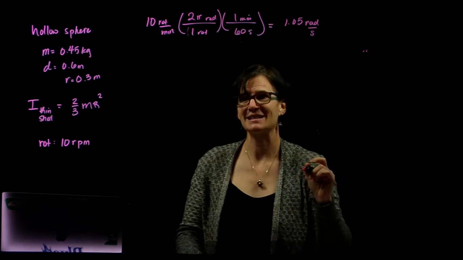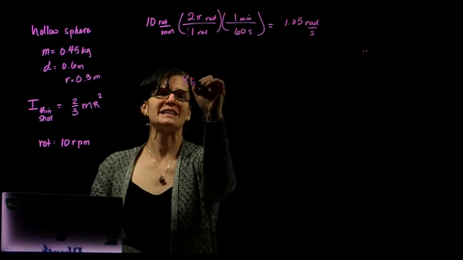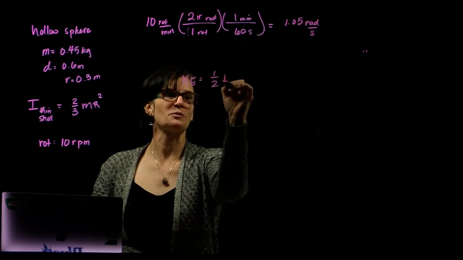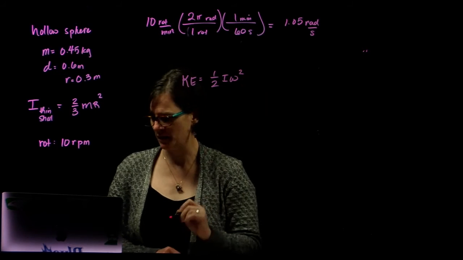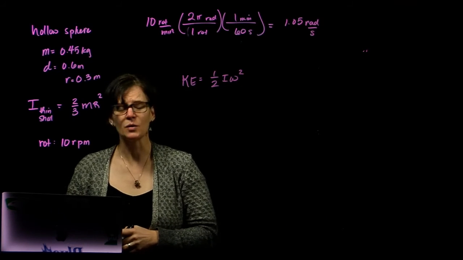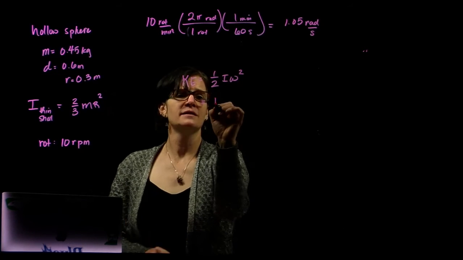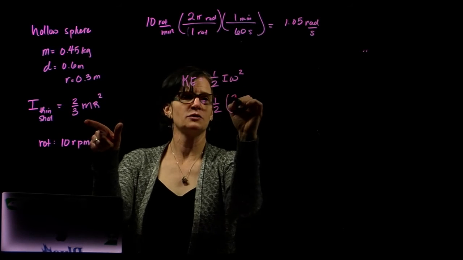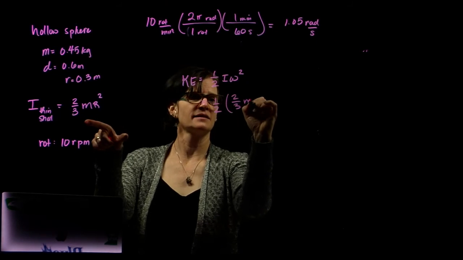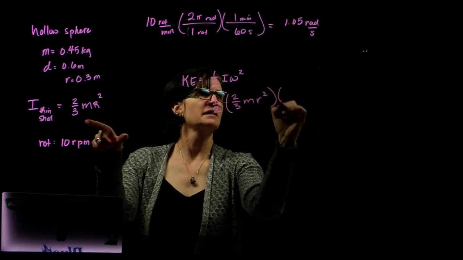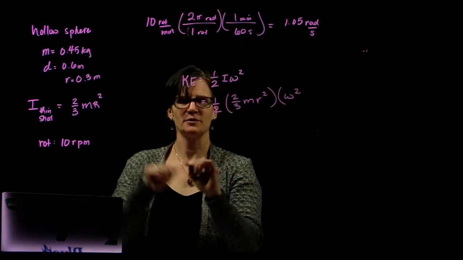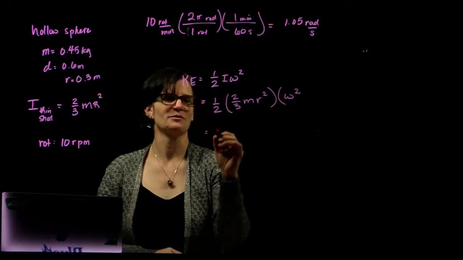Now I can look at my kinetic energy relationship, which was 1/2 I omega squared. All right, so our I is 2/3 the mass times the radius squared, times omega squared. And now I have all of the information I need.